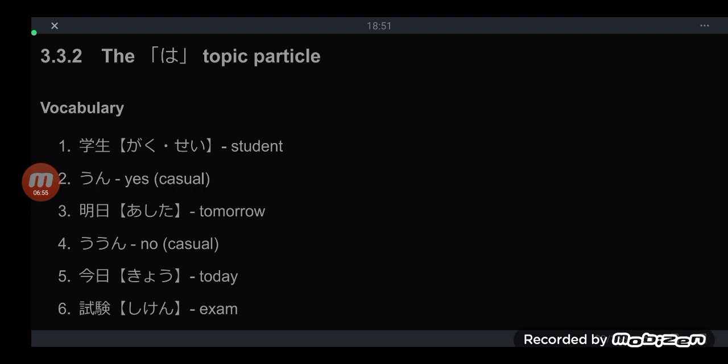Okay, so let's take some vocabulary. First, the usual vocabulary. Pardon the kanji. I want you to be accustomed to kanji. Okay, let's memorize some vocabulary here. Gakusei, un. There's a casual form in Japanese.